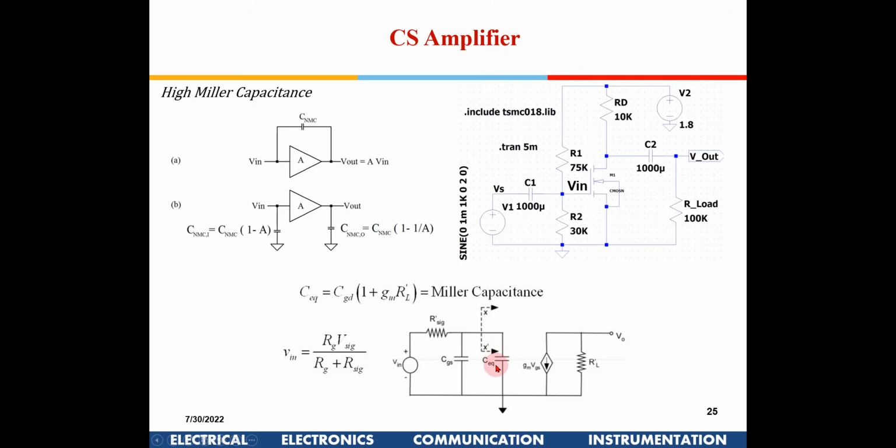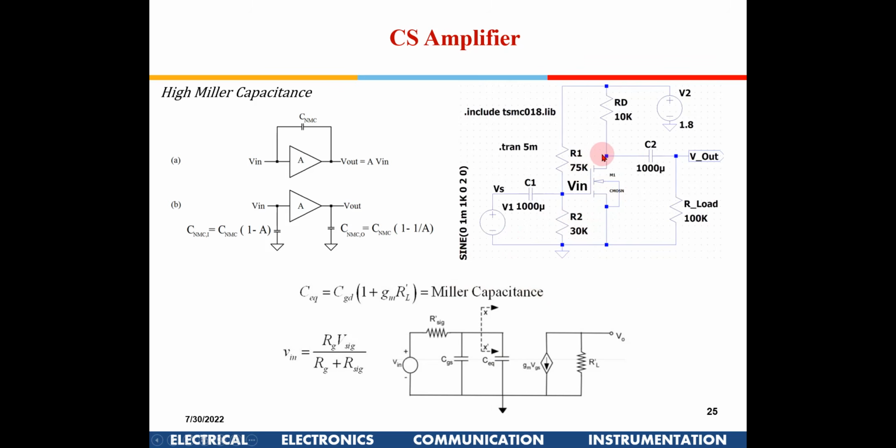If you have a large capacitance, what happens to the small signal? It will die down here. So it will act like a low pass filter, and high frequencies will get shorted. So this imposes a limitation on high frequency applications. Is it understood why this is not suited for high frequency applications?